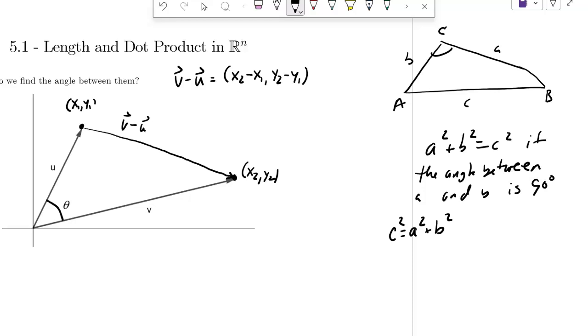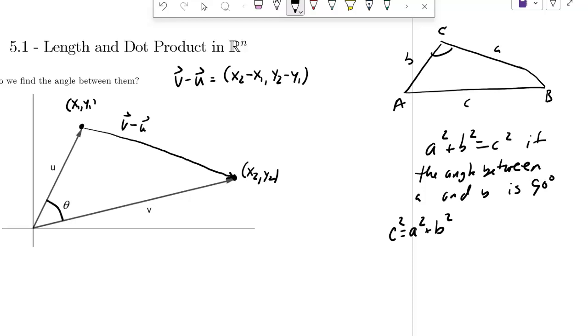Now think about your cosine function. If your angle is between 0 and 90, is cosine positive or negative? Positive. Between 90 and 180, it'll be negative. So again, between 0 and 90, I want to subtract something off. Between 90 and 180, I want to add something on, right? So what goes on the end of this will be a subtraction.